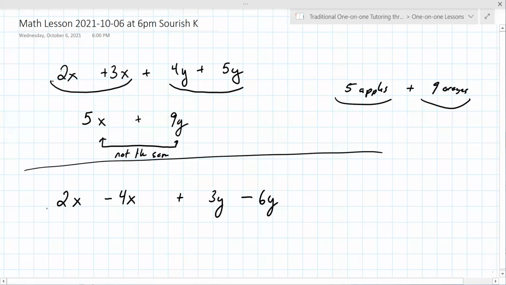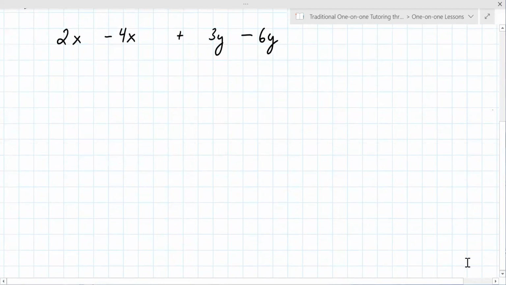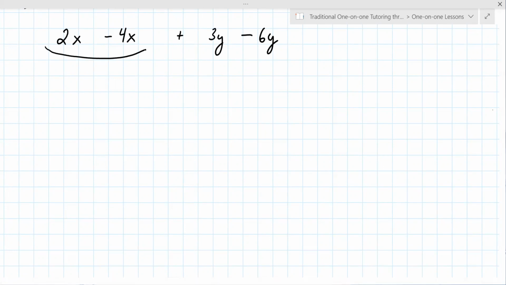So in this new problem, 2x minus 4x. Another way to look at this is, what is 2 minus 4? Negative 2x, right?